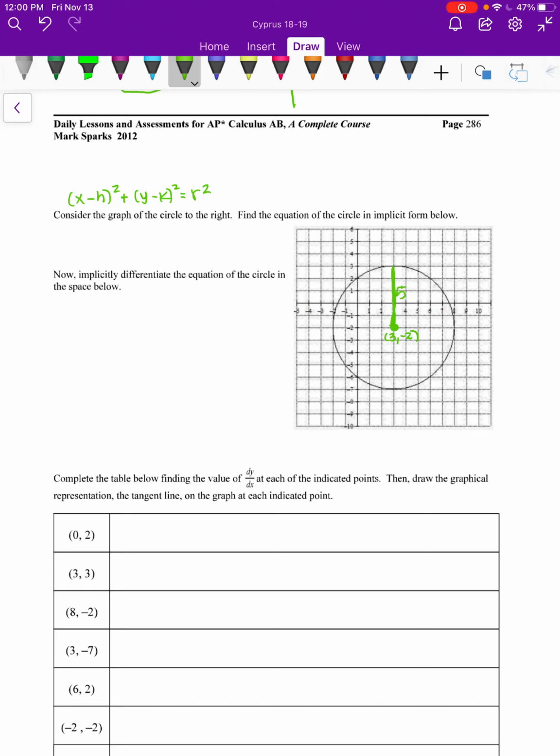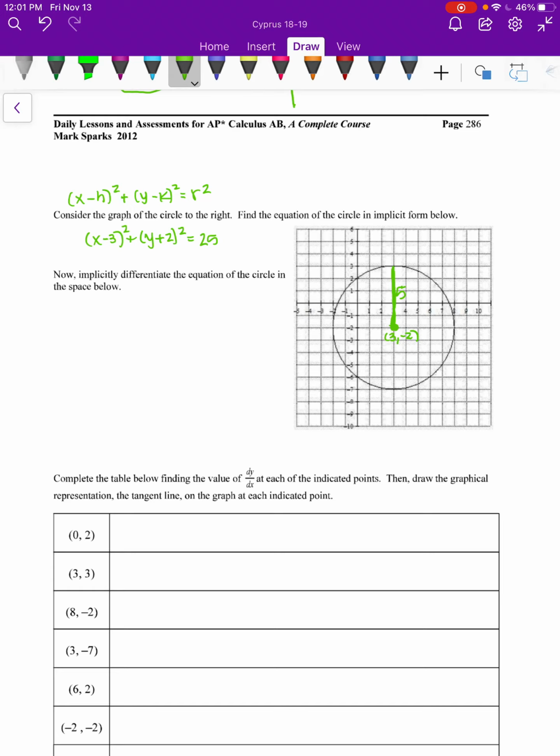Okay, so the equation of this circle would be (x - 3)² since it's to the right 3, it still looks like minus 3, plus, and then since we're going down 2, it's (y + 2)². And then r squared is 25.